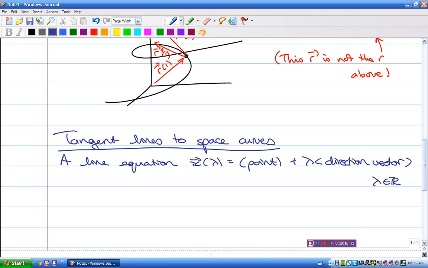So in order to get a line equation, you need a point and you need a direction vector. In the context of vector functions, you'll get your point with your r of t, and you'll get your direction vector from your r dash of t. So, this comes from r at some, usually at some specified t value, so I'm calling it t naught, and this comes from r dash at the same specified parameter value.